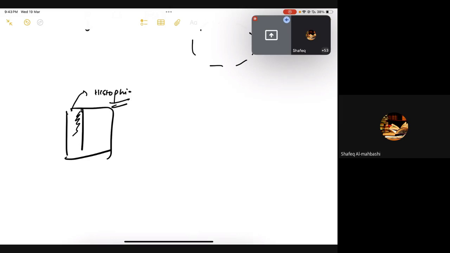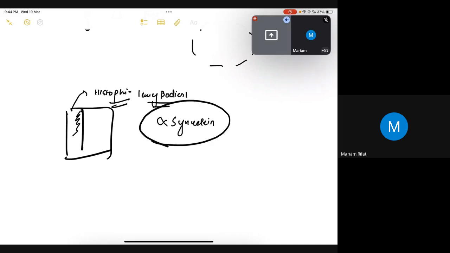Yes, Lewy bodies. What are Lewy bodies? Lewy bodies are intracellular eosinophilic inclusions of alpha synuclein. Just learn that, and you are going to see an MCQ related to that.